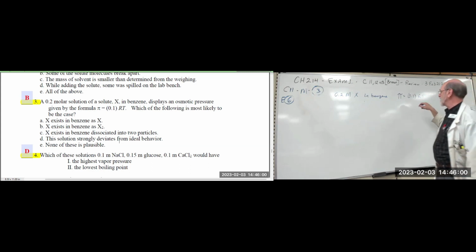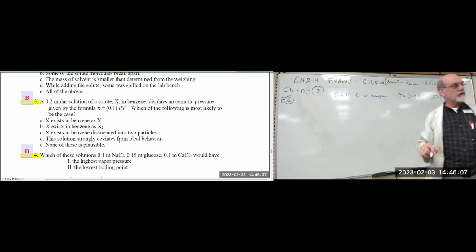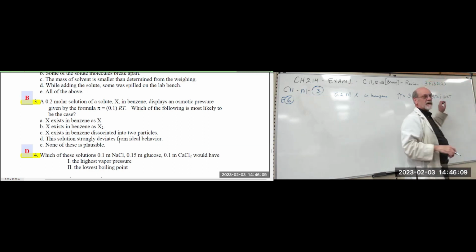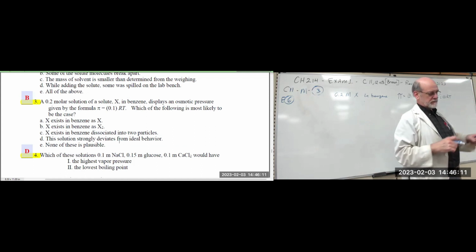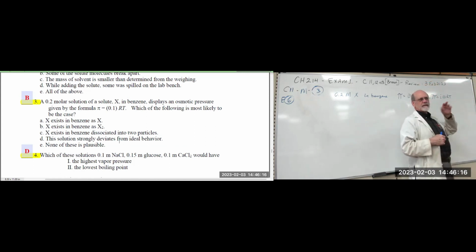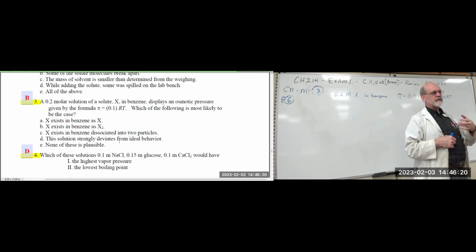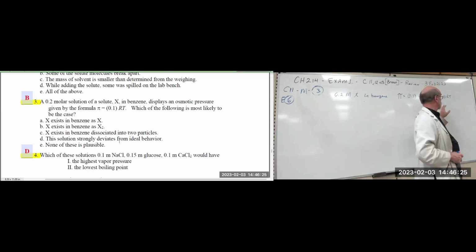You know what we didn't add to that one? Pi equals iMRT. Remember that van 't Hoff correction factor? We used it for other colligative properties. But this is for molecules or associations that break apart. So if it's sodium chloride in solution, i would be 2, calcium chloride would be 3, sodium phosphate would be 4.